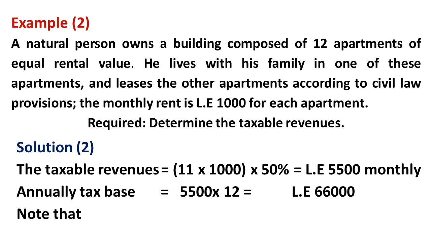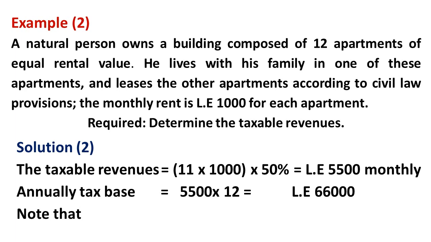As an example, let's assume that a natural person owns a building composed of 12 apartments of equal rental value. He lives with his family in one of these apartments and leases the other apartments according to civil law provisions. The monthly rent is 1,000 Egyptian pounds for each apartment. Required: determine the taxable revenue.